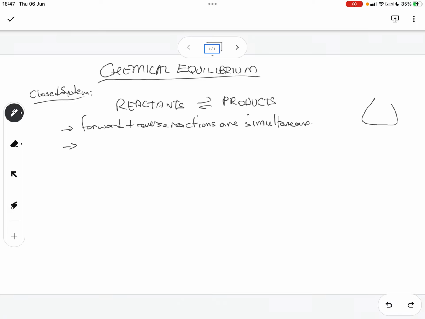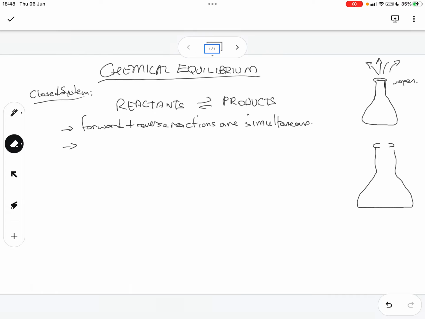So in other words, if we have an Erlenmeyer flask like that, and we've got stuff that's reacting, if it's open, then things can get out, right?